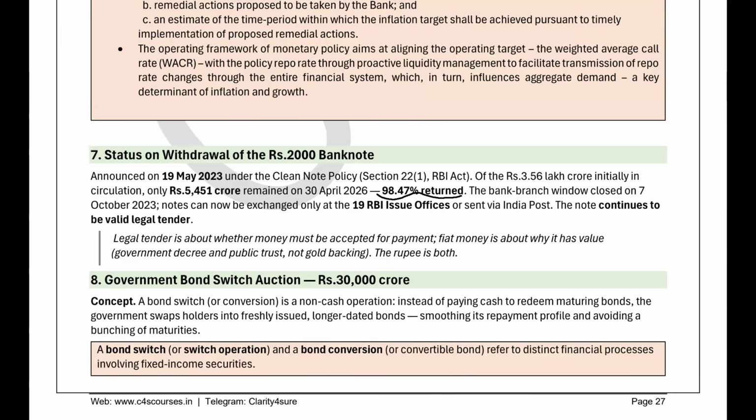The bank branch window closed on 7th October 2023. Notes can now be exchanged only at the 19 RBI issue offices or sent via Indian Post. The notes continue to be valid legal tender. Still, it is a legal tender.